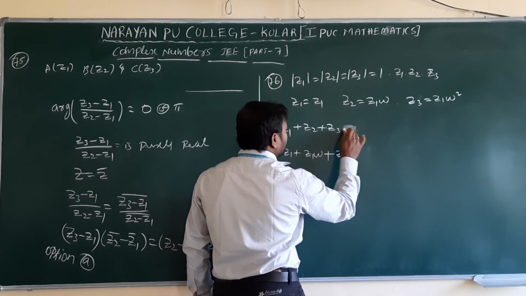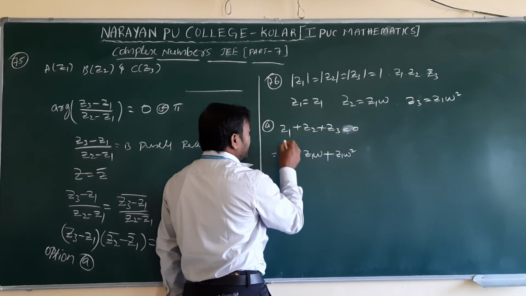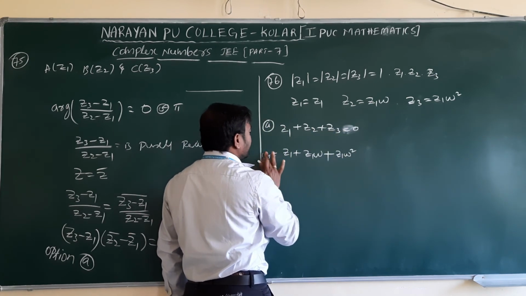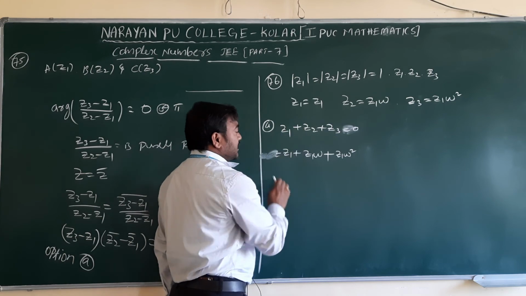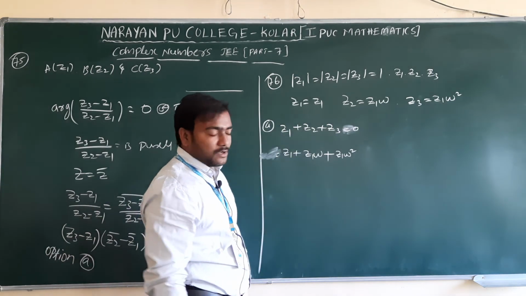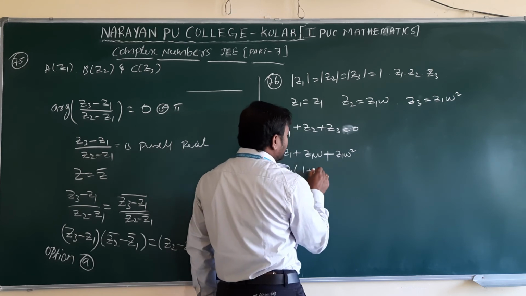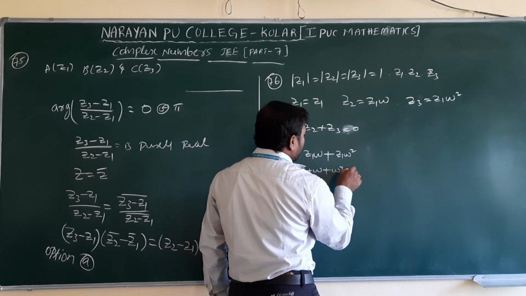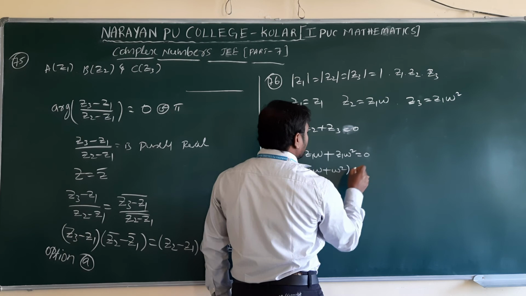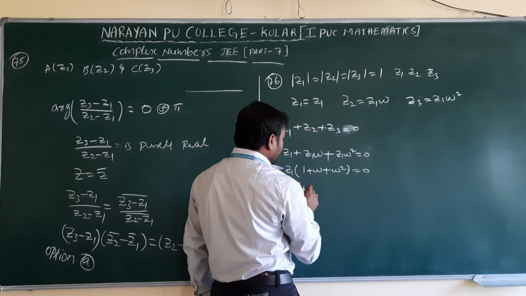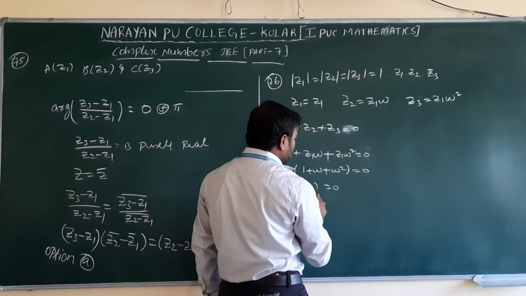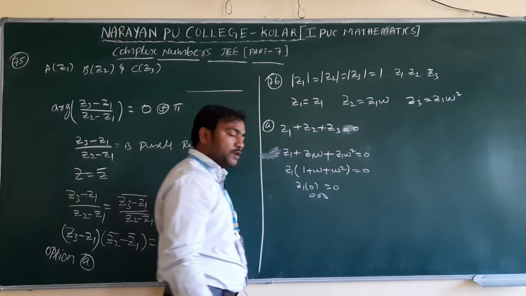We have to put this equal to 0. Considering the LHS, taking Z1 common, the remaining is 1 plus omega plus omega square, which is 0. So Z1 into 0 is 0, and 0 is equal to 0. So the first option is true.